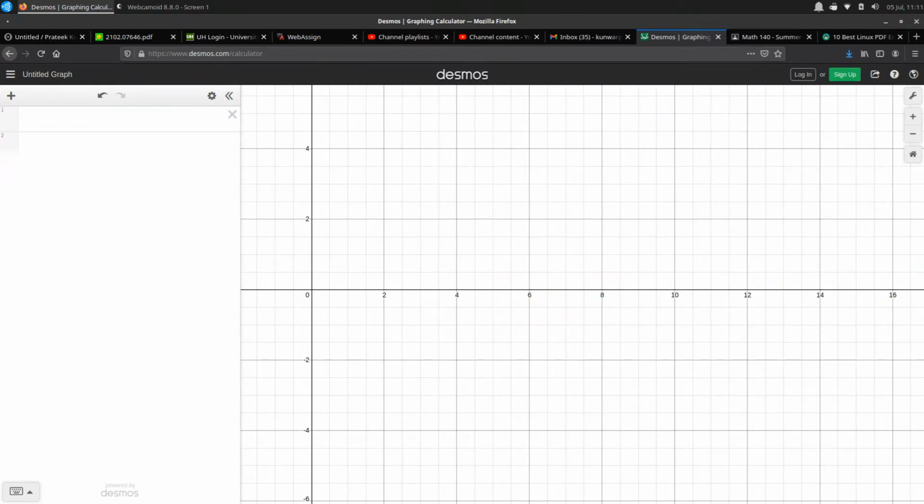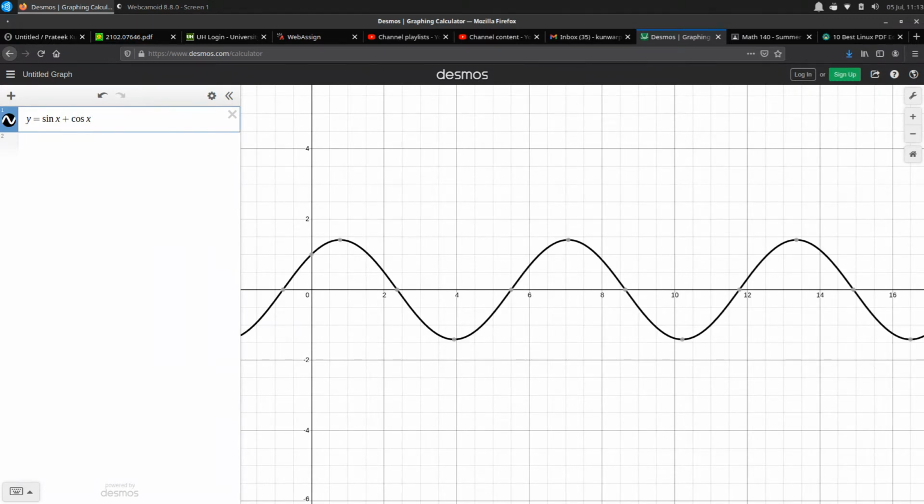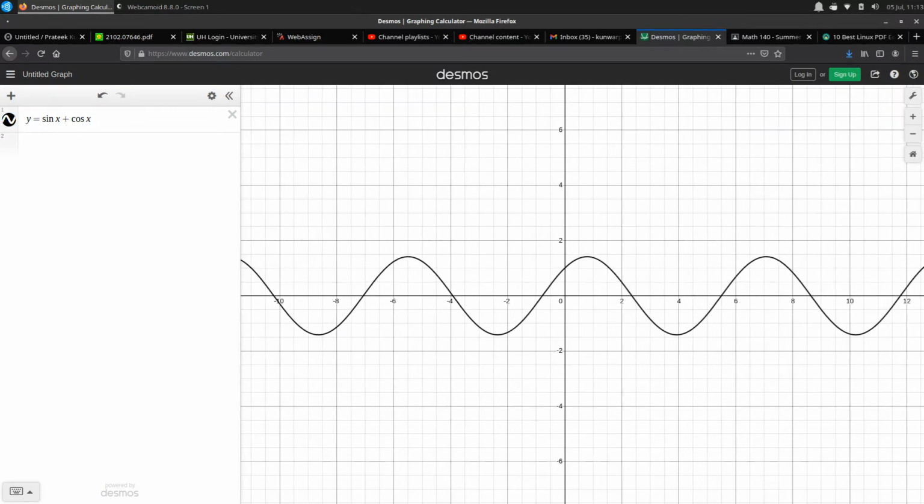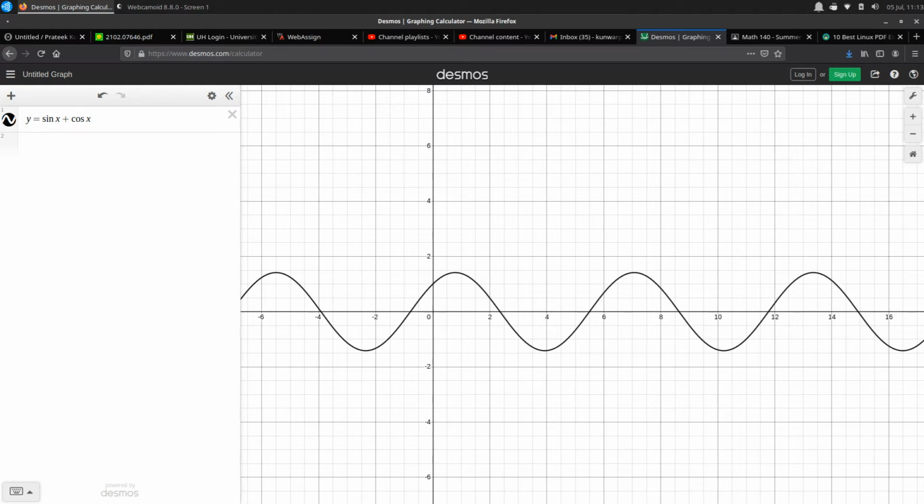Now if you look at your notes, I asked there for you to see what happens if I add sine x and cosine x. Now this is interesting. I still get a graph that is periodic, right? It kind of looks like a trig graph.